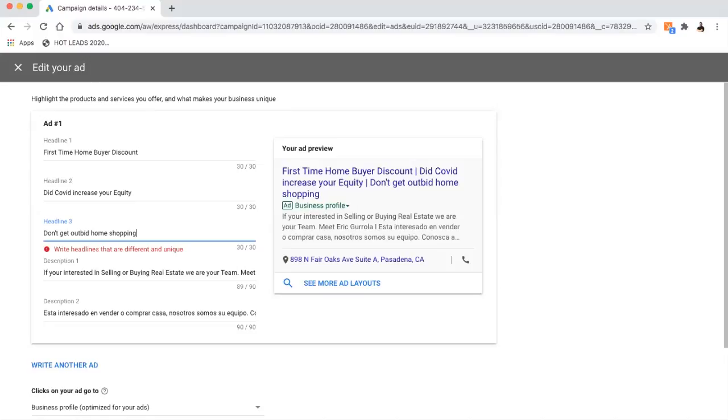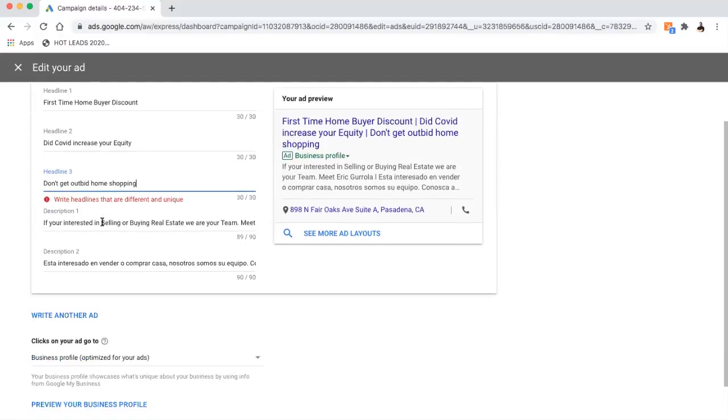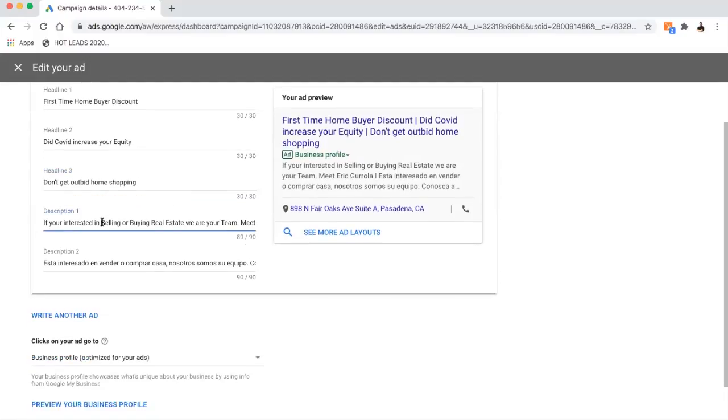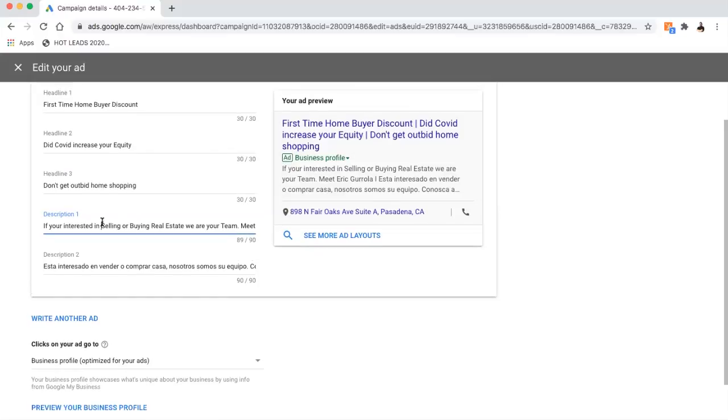Yeah, cool. All right. So now we're working on our sublines, right? So the first line again is first-time home buyer programs. Second line is did COVID increase your equity? And headline number 3, don't get outbid home shopping. Those are all 3, it's called dynamic headlines, right?